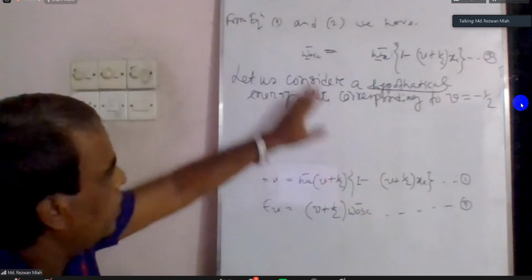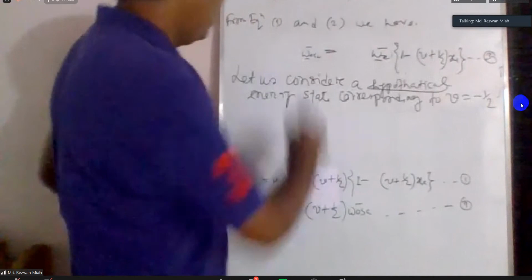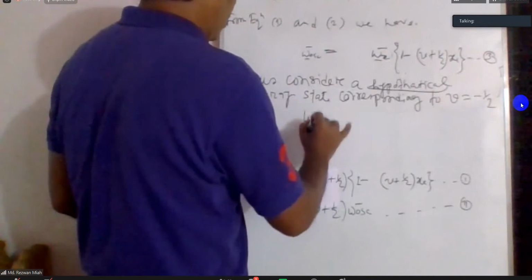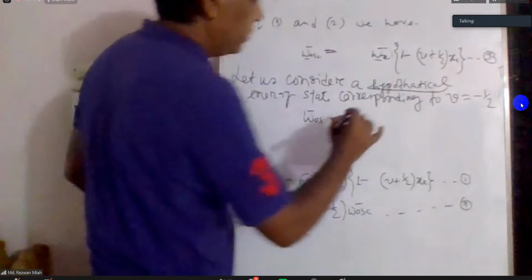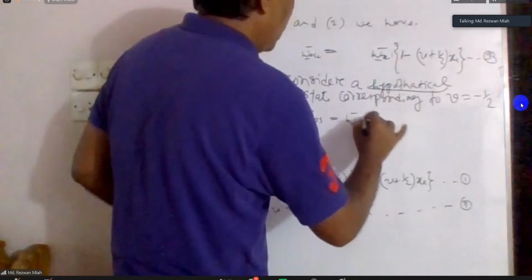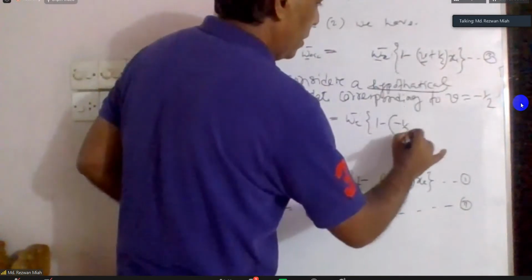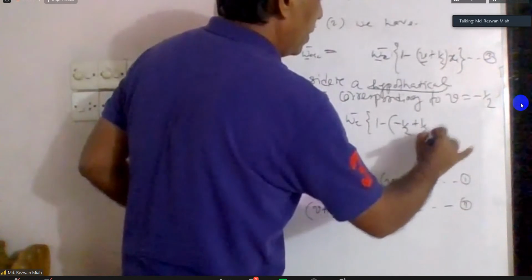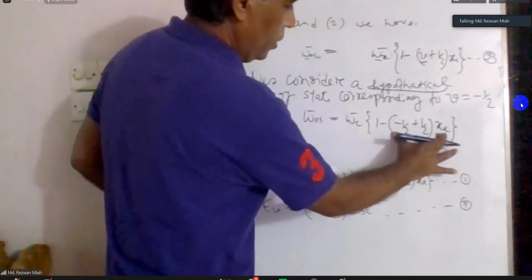Why do we need it? Because you see, if we put mu equal to minus half here, what will happen? The oscillation frequency is omega E bar times 1 minus, here we put minus half, and we have plus half, and we have X E. So this part is 0.